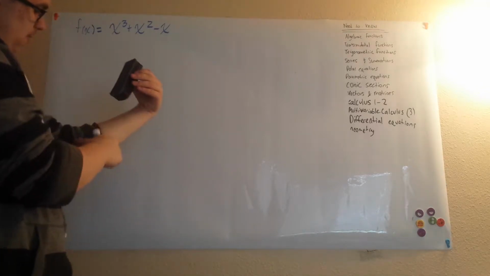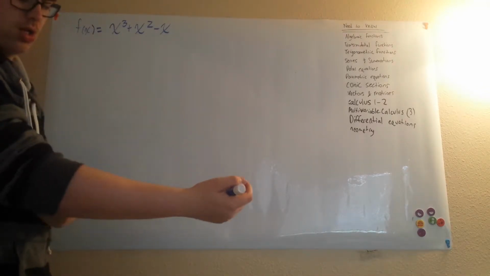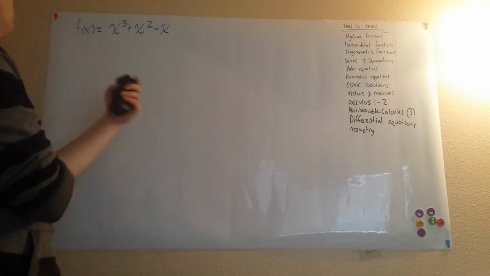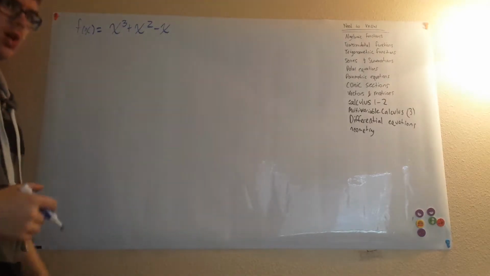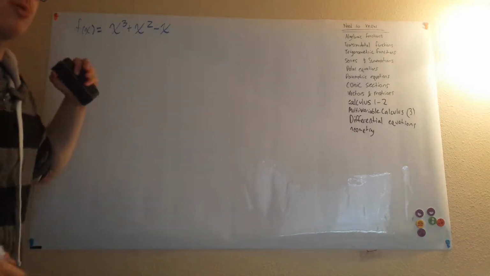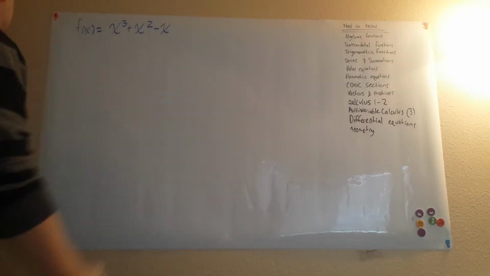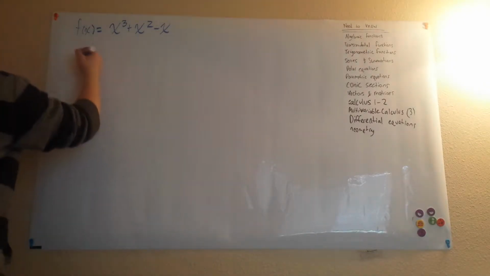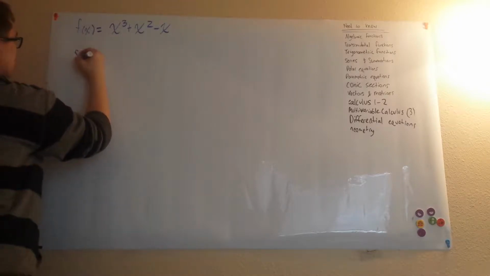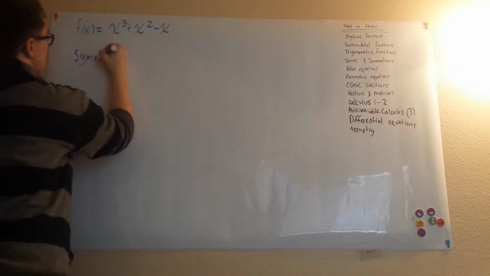So for curve sketching, I'm going to use a lot of things. I'm going to list them out. You got to write that down in your notes. So let's list all the things that we need to draw a curve. Well, we want to find some symmetry, maybe.